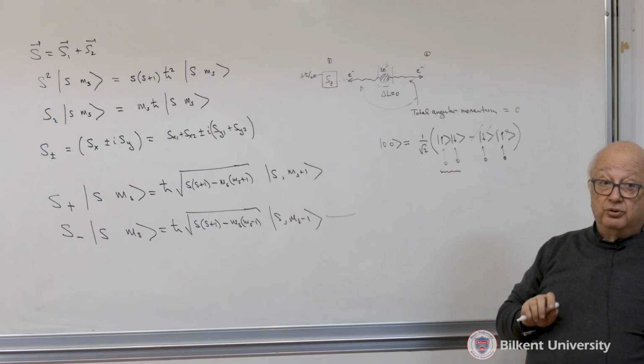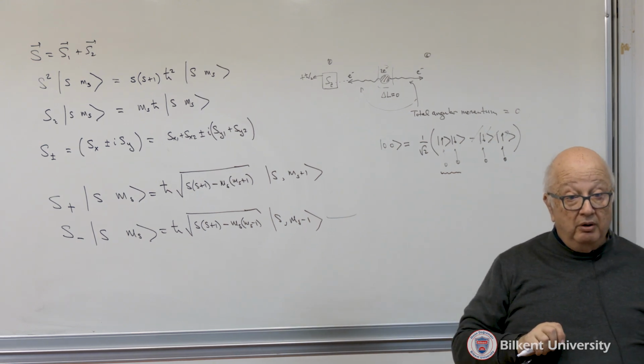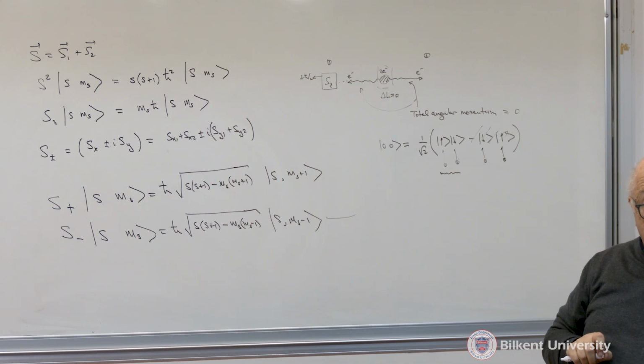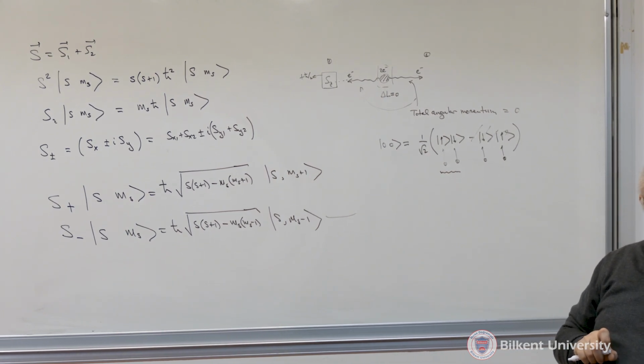Also for the 1, 0 case and 1, minus 1 case, we derive these from raising and lowering operators. How can we derive the 0, 0 case? It's not simple.